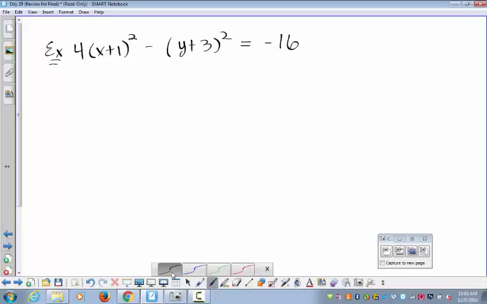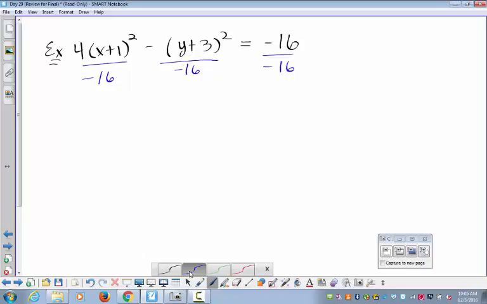Maybe you've completed the square and somehow you've ended up with this, and you know it's not in standard form because the right side's not 1. For an ellipse or hyperbola, the standard conic form would have a 1 on the right side. And how do we get a 1 on the right? We're going to divide both sides by minus 16. And that means we have to divide each of these terms by minus 16.